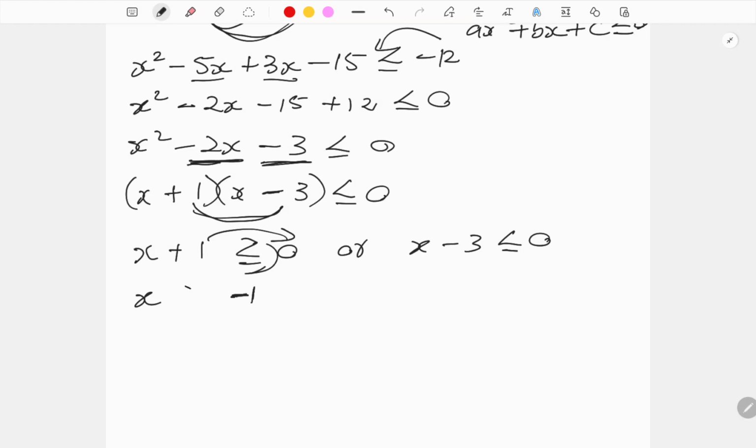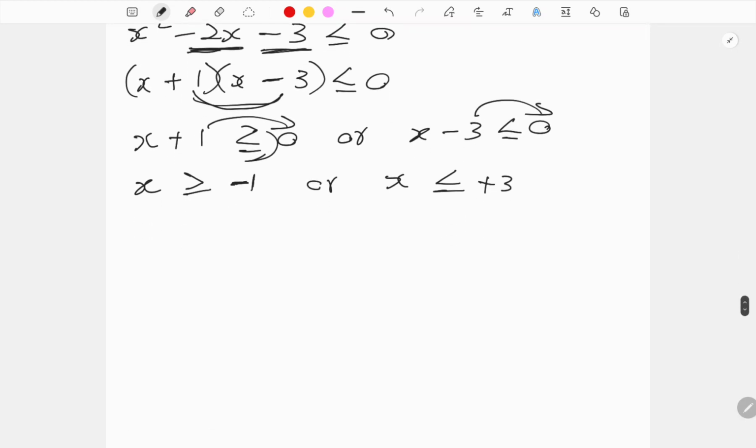Then it's going to be x greater than or equals to minus 1, or x, you transpose this one, this side, it becomes positive, then the inequality sign remains the same. Okay, now we see that x is greater than or equals to minus 1, or x is less than or equals to 3.